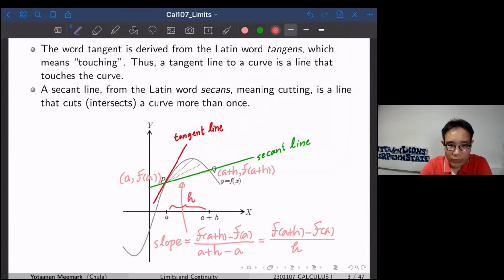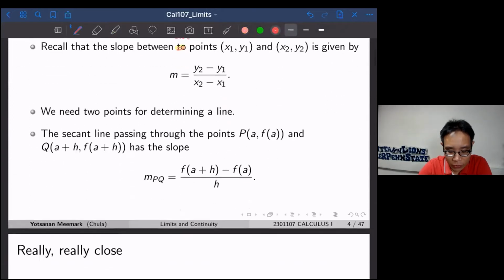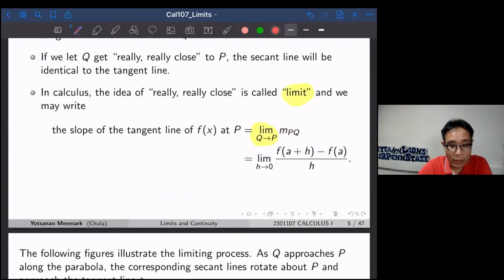And you're going to see that if you'd like Q to approach P, you let h go to 0. So you have h approaches 0. Okay, so this will be the concept of our tangent problem, which is given by your limit.